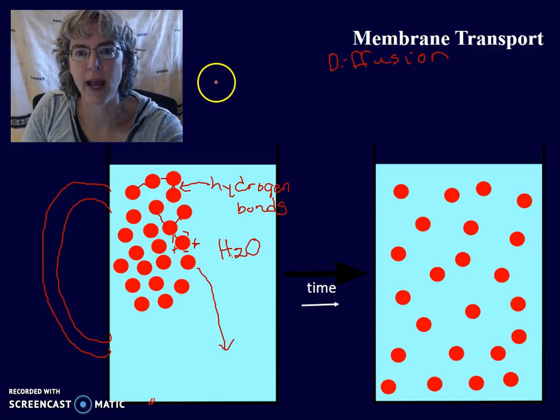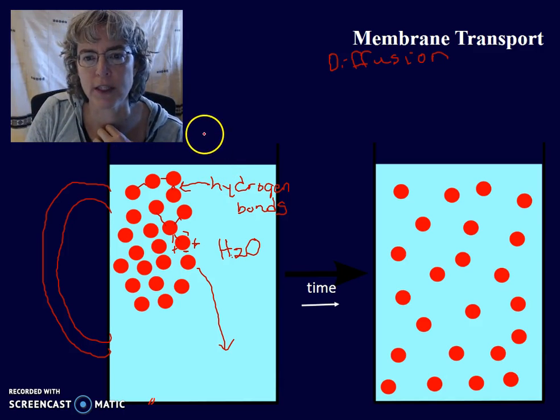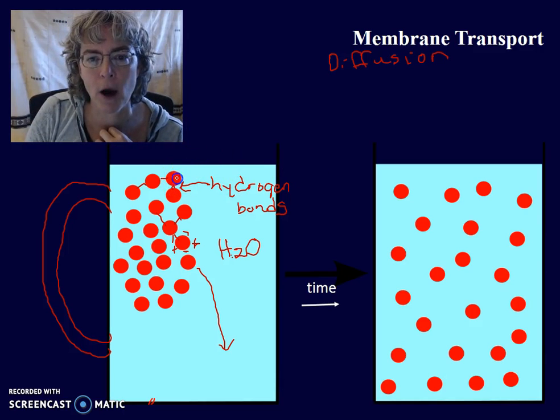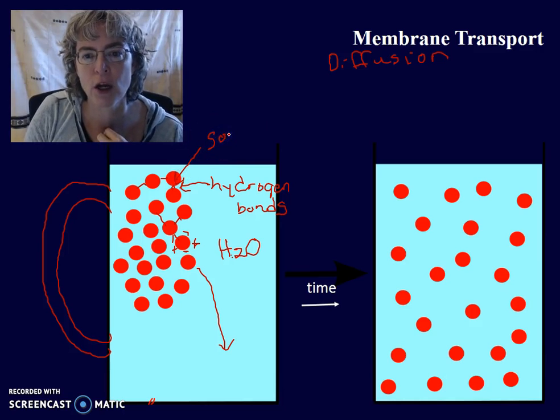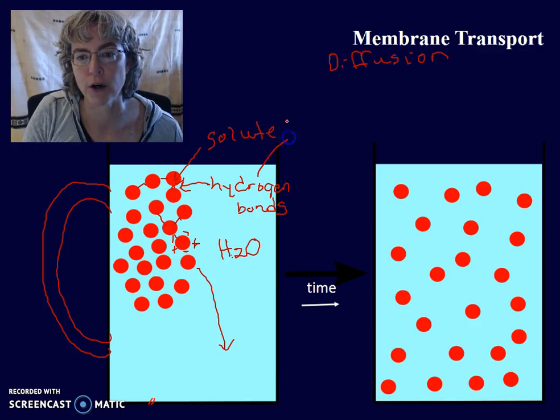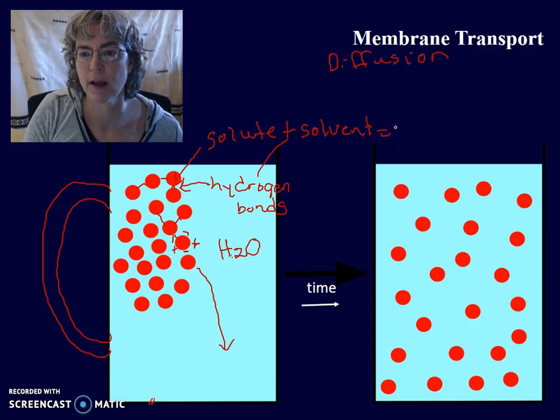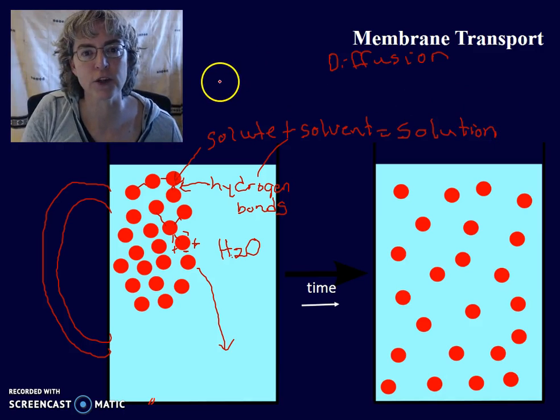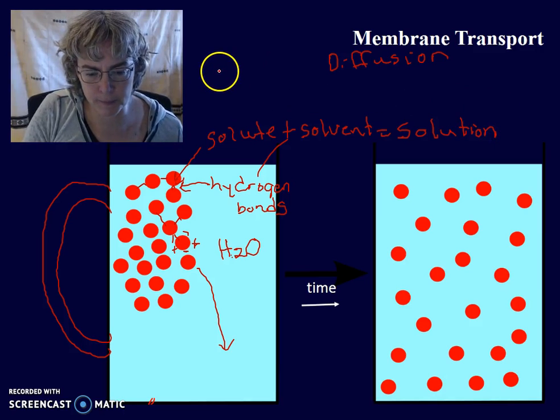So let's go ahead and put a definition of diffusion up here. Actually, let me define a few words here. Let's say our sugar molecule is a solute, and our water is a solvent, and together they are a solution. Okay, so our definition of diffusion then.